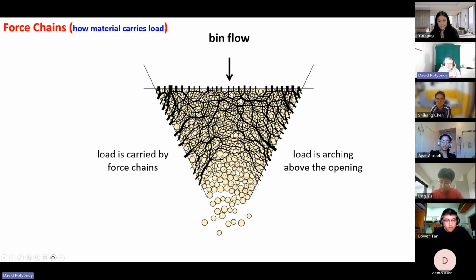Every contact has an equal and opposite force. So here, for example, it's acting straight up and down. It's pushing onto that top disc. But then notice it's going out to the sides, and it's pushing against the next 2. The thickness is proportional to magnitude. And so what's going on here? The load is flowing.